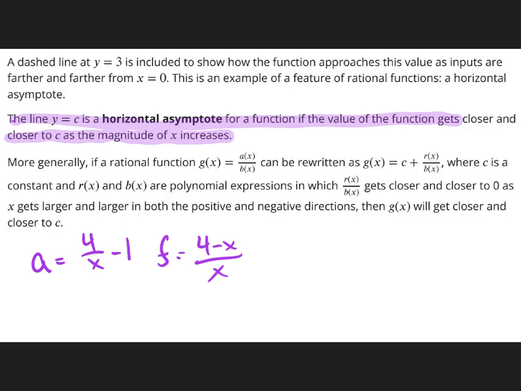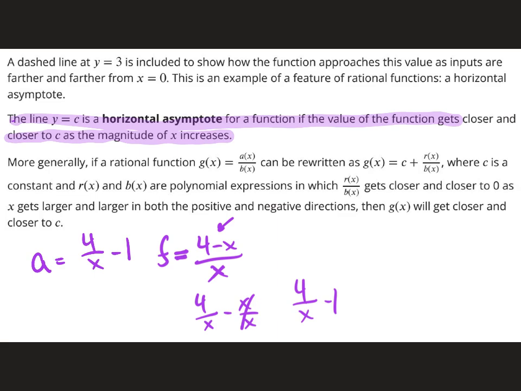Basically, this is how it works. What you're going to have to do is separate them. Because we have an expression in the top, we can separate these: 4 over x minus x over x. And x divided by x is 1. So this is 4 over x minus 1. And this is how A and F are equivalent.